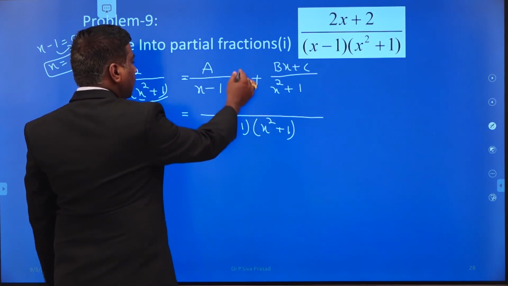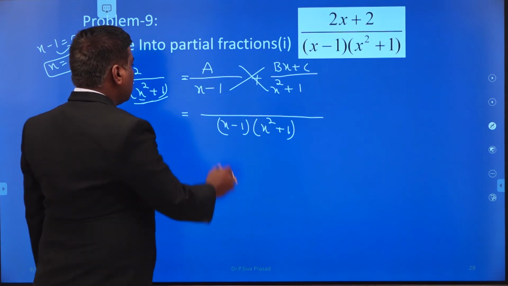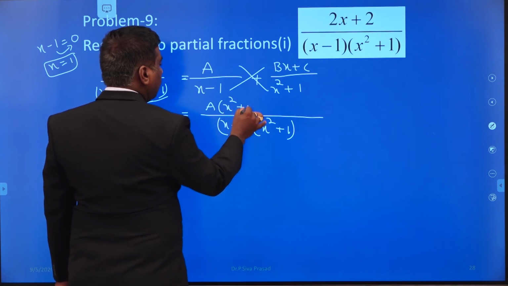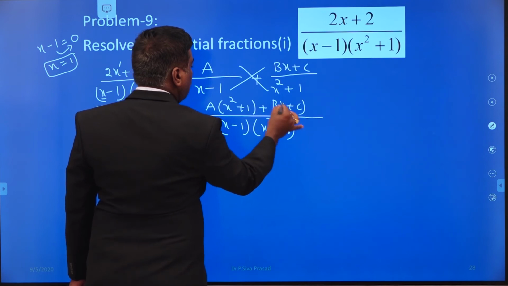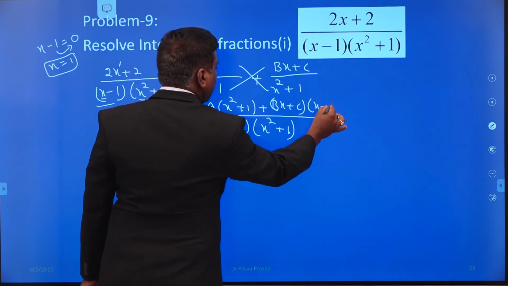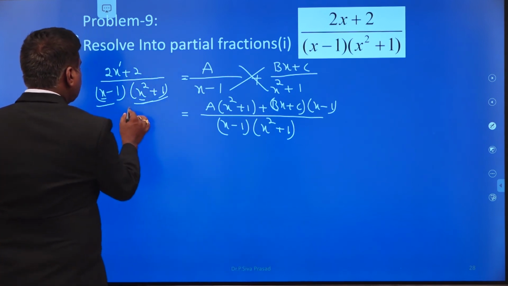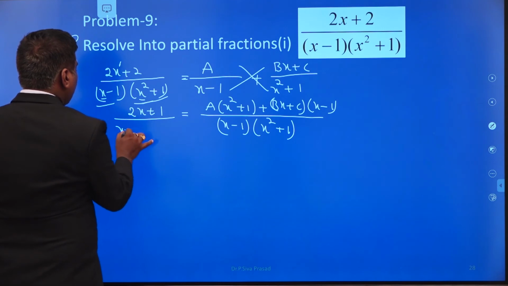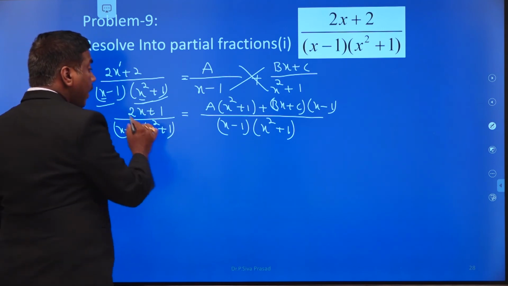Take the cross multiplication here. That is A into x square plus 1 plus Bx plus C into x minus 1, and this value equals 2x plus 1 by x minus 1 into x square plus 1. This is the left hand side.